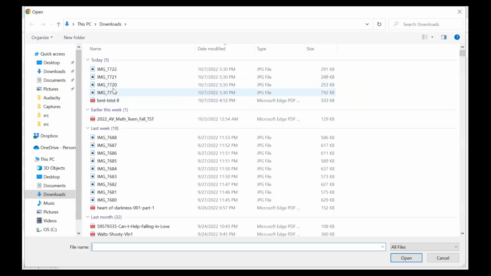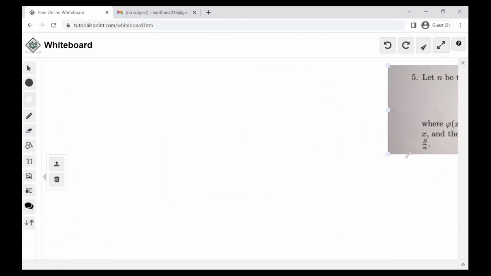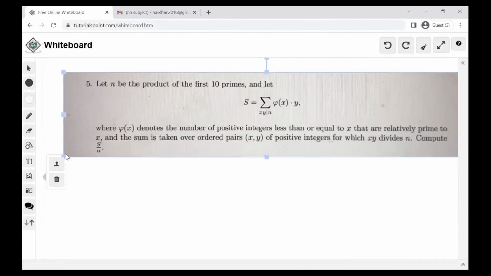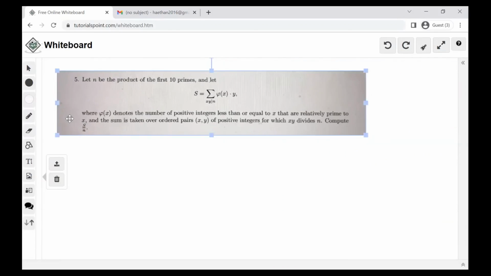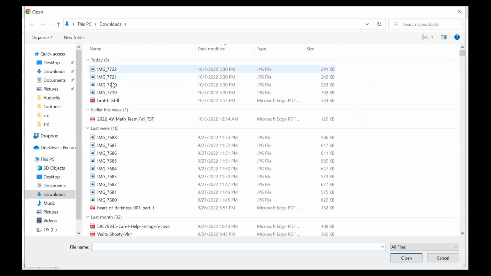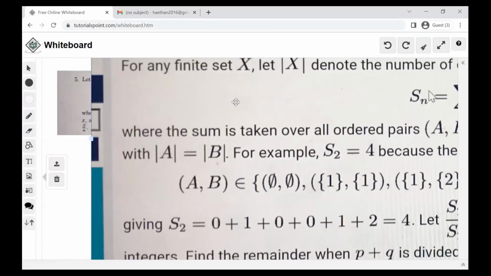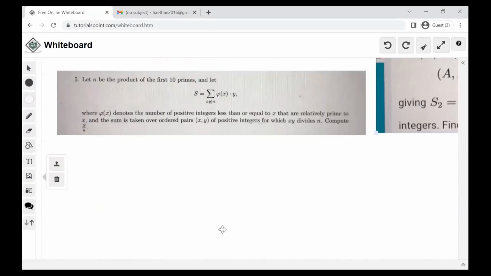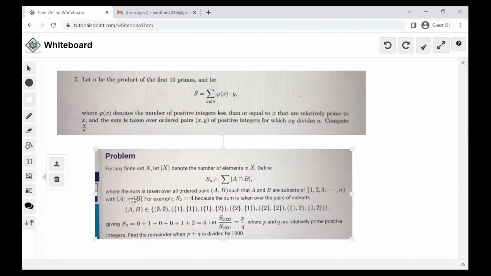The first one is an HMMT problem, and you can solve this with an argument of linearity. And the second one is an AMC problem, and it looks long and intimidating, but once you get past all the notation, you'll see that the argument is just linear.